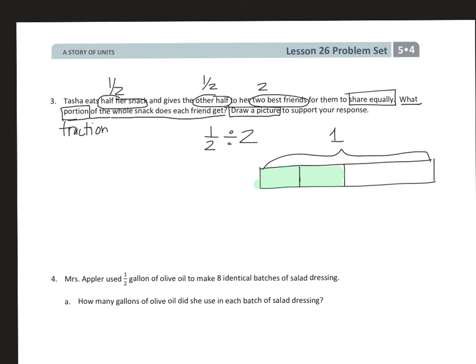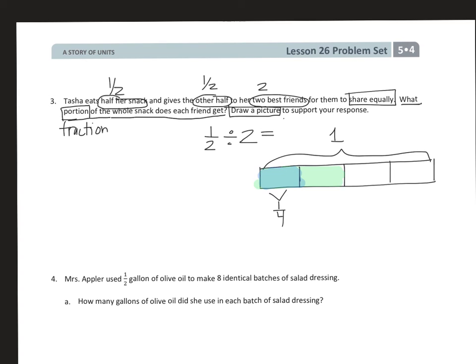And for modeling purposes, we also need to split the other half in half again. So now let's ask ourselves, what fraction or what portion of Tasha's whole snack will one friend get? So what fraction is that? This right here is going to be 1/4.